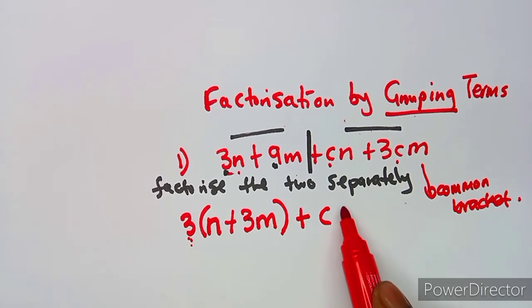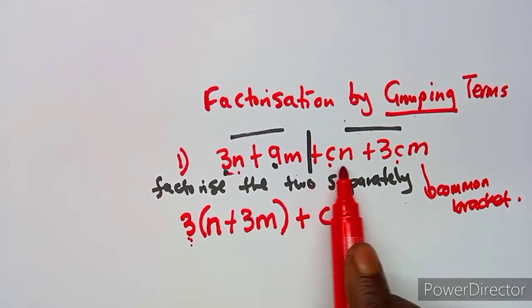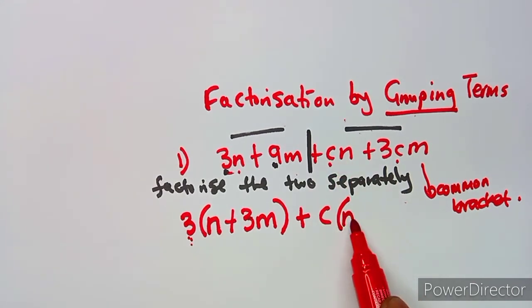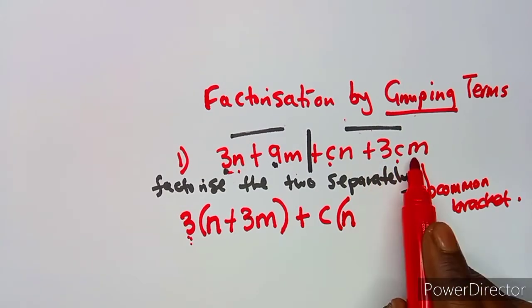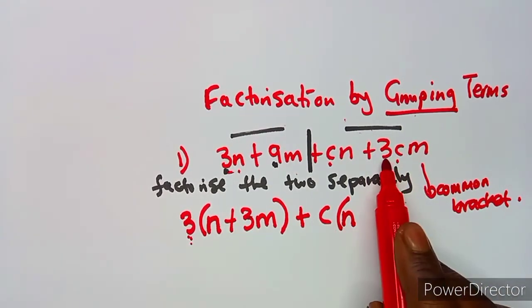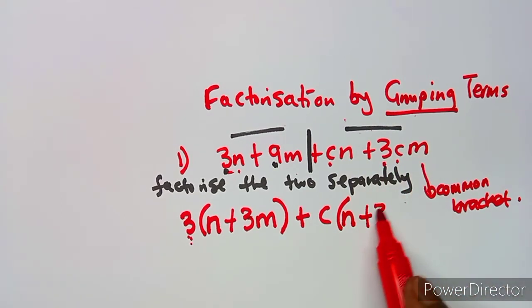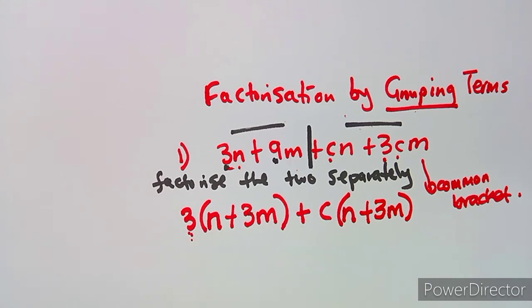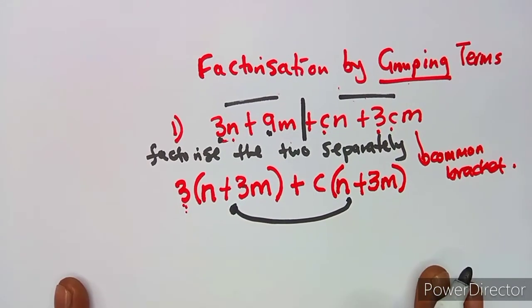Okay, so if we factor out plus C, we are going to be left with plus Cn divided by plus C, which is C and C can cancel, which means you're going to be left with n. Alright, 3cm divided by C, the C here will cancel, so you're going to be left with 3m, which is plus 3m, which is the condition that we want of having a common bracket, which is common for the 2 terms.